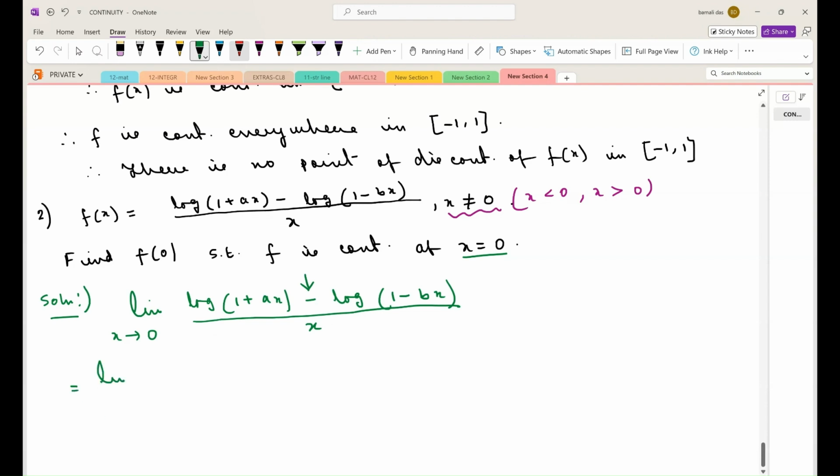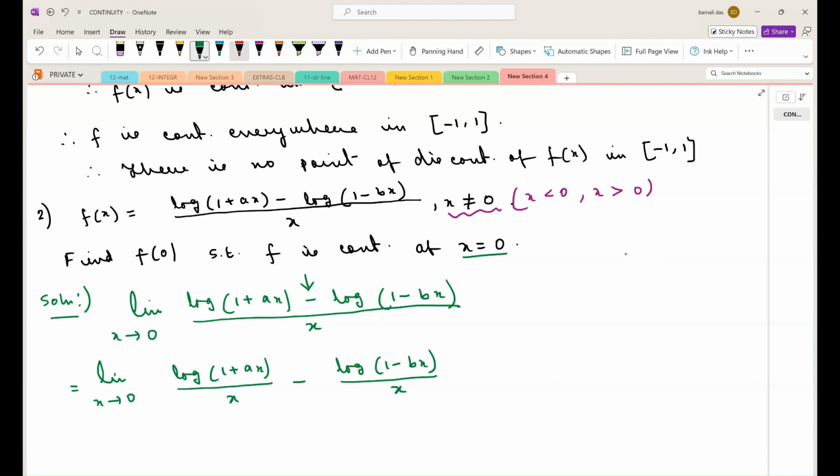So limit x tends to 0 log(1 plus ax) by x minus log(1 minus bx) by x. Okay. Now we are trying to approach this particular limit.